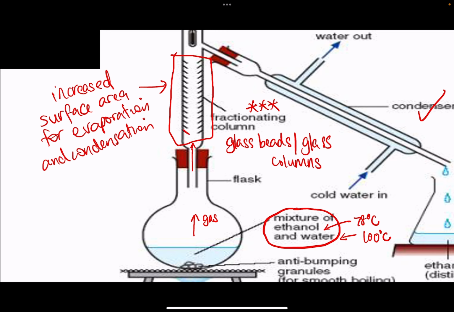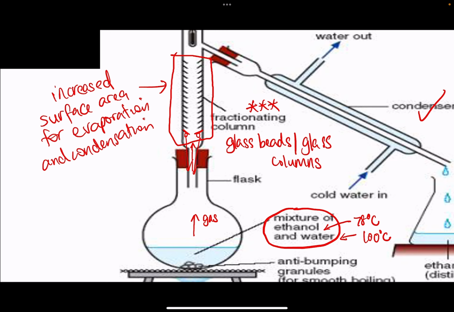Then it will come into contact with this first column over here. Maybe it's a glass column, and this glass column is quite cool. So what will happen is this gas will condense into ethanol liquid, of course, but it will not stay there. It will drop back into your round bottom flask.